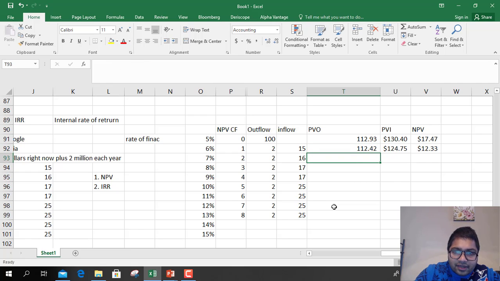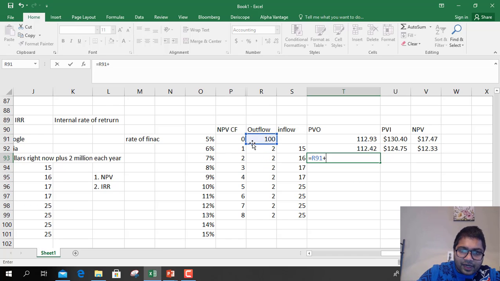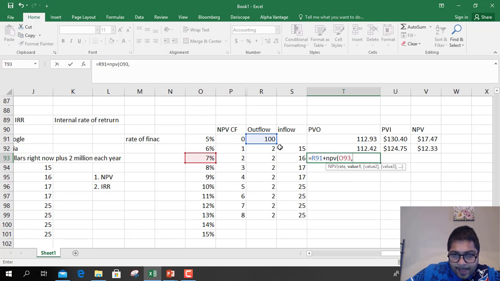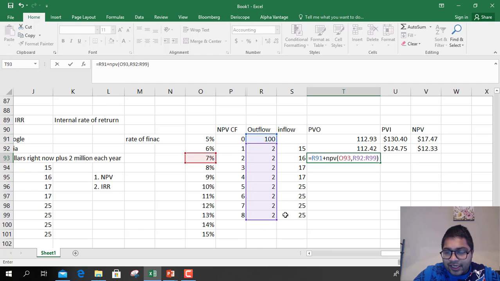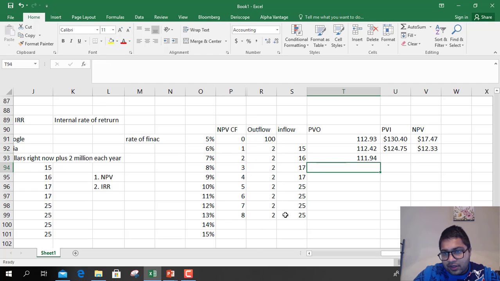So next 7%, again 100 as it is plus NPV, rate 7%, comma, all the outflows, because we are calculating present value of outflow.